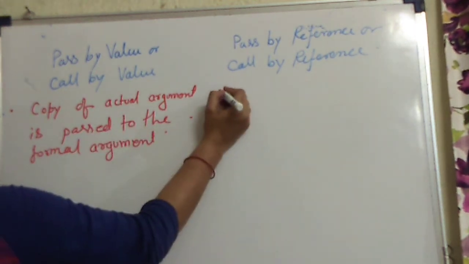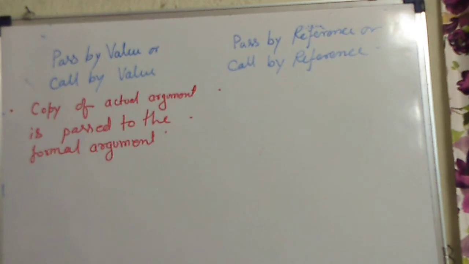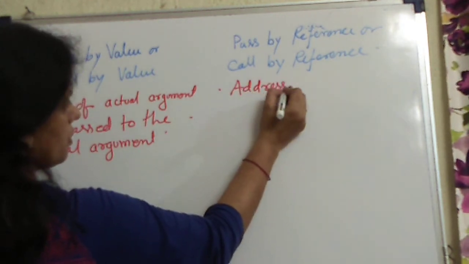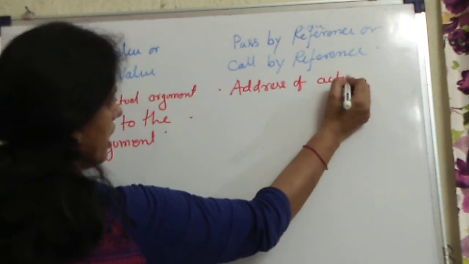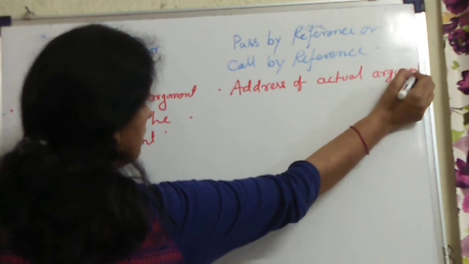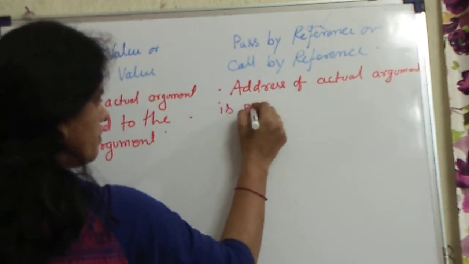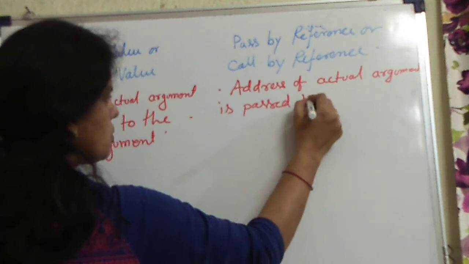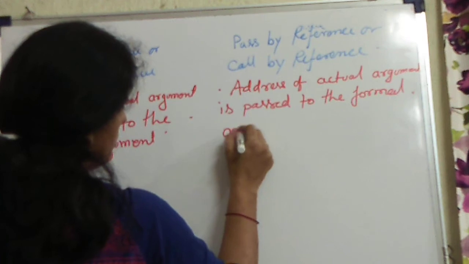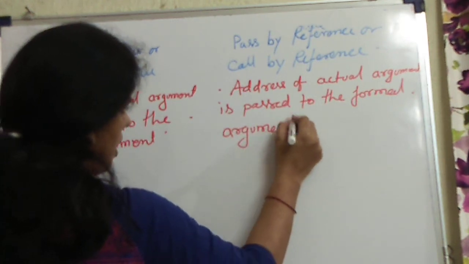And at the same time, in pass by reference or call by reference, the address of the actual argument is passed to the formal argument.